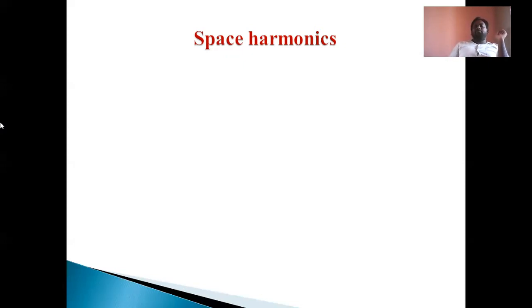But practically in our electrical machines and alternators, the flux distribution is non-linear. That's why the flux distribution is not sinusoidal. Why is it non-linear? When can we say it is linear and when non-linear?